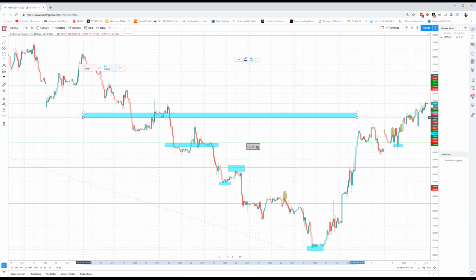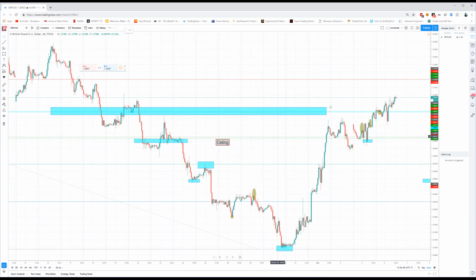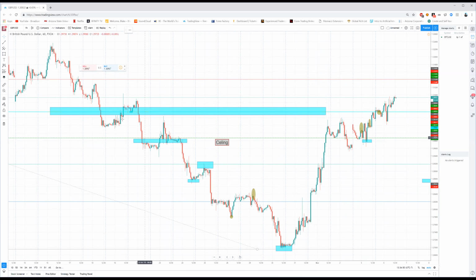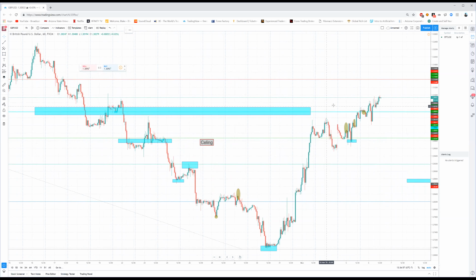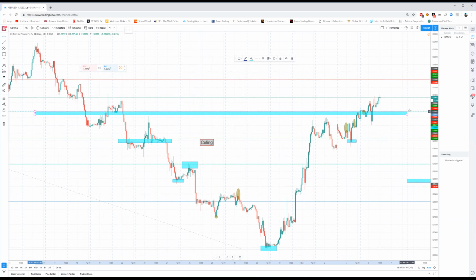So let's see, maybe let me put it there for now, and let's see what happens if we extend this over. I'm using the tops of these 2 wicks right here, and then again we're also using the tops of those candles. I'll show you really quickly.